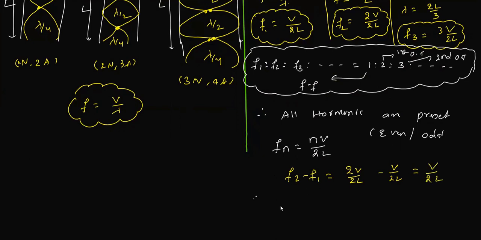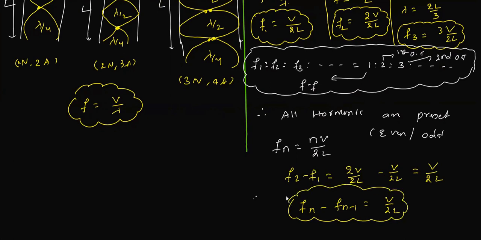If we check Fn minus Fn-1 also, the difference between two consecutive frequencies is V by 2L, as we got earlier.